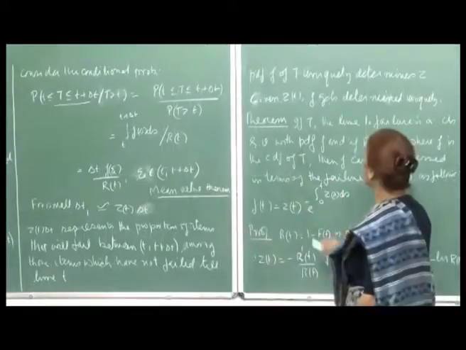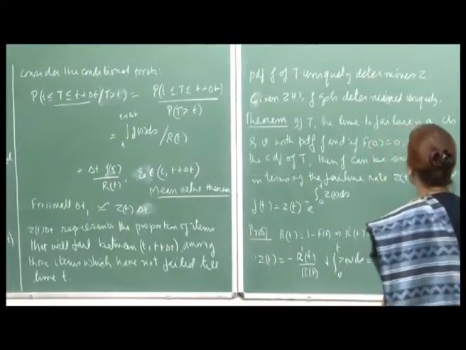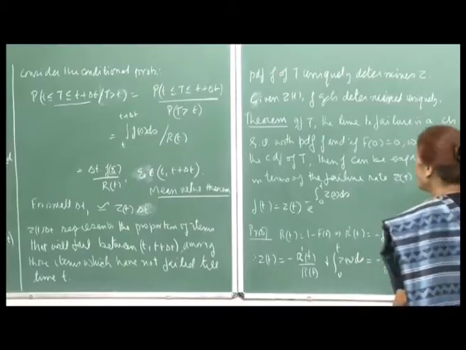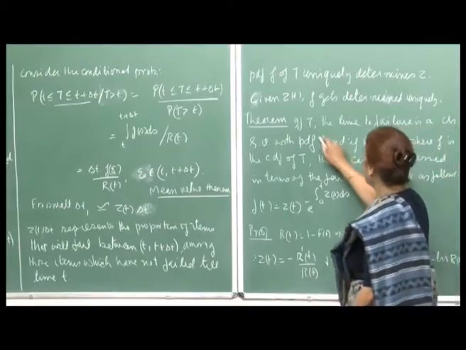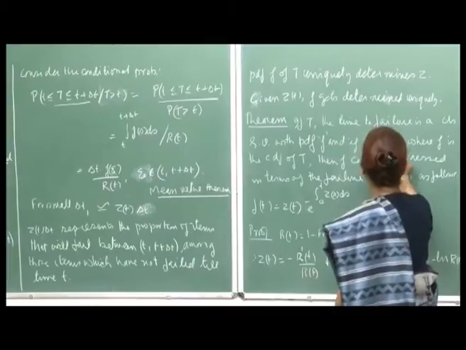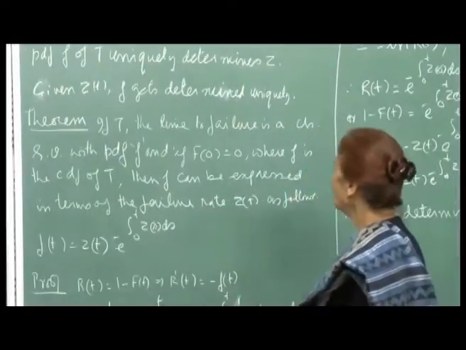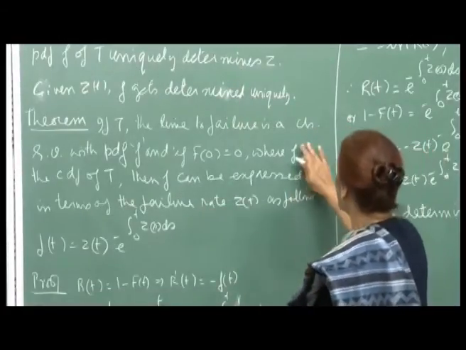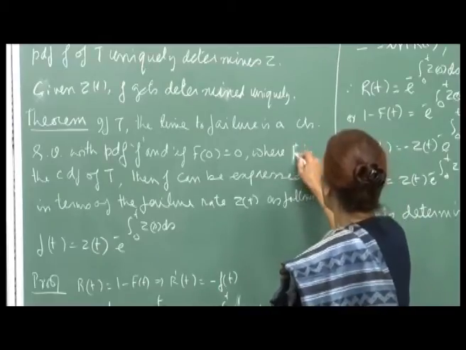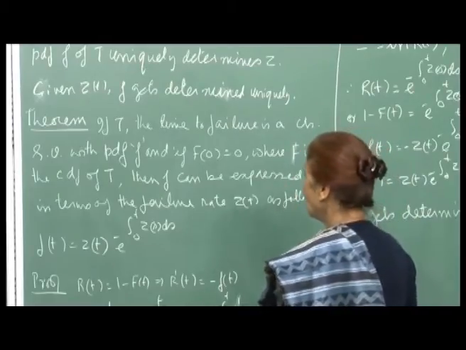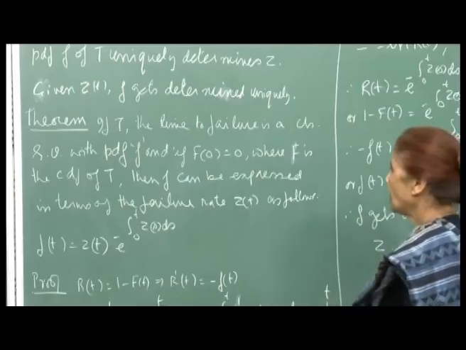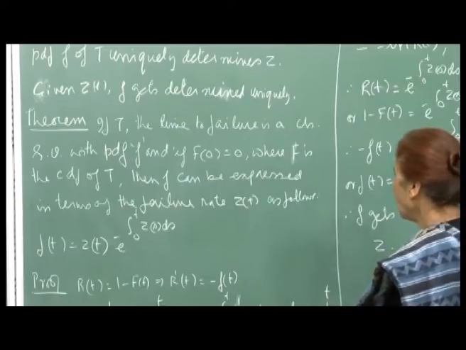So, the theorem is that if t, the time to failure, is a continuous random variable with PDF f, and if F(0) is 0, where capital F is the CDF of t, then f can be expressed in terms of the failure rate z(t) as follows.